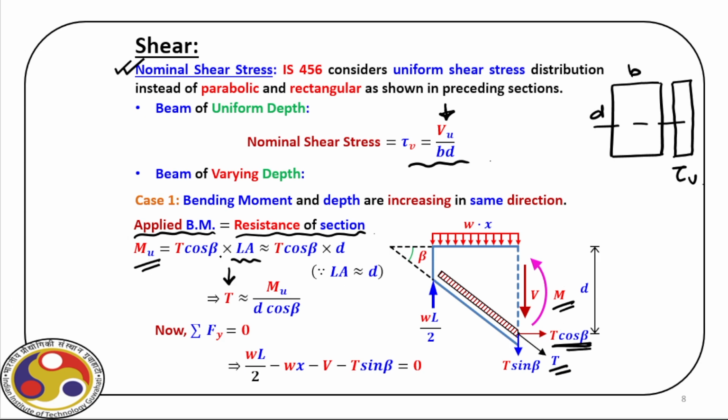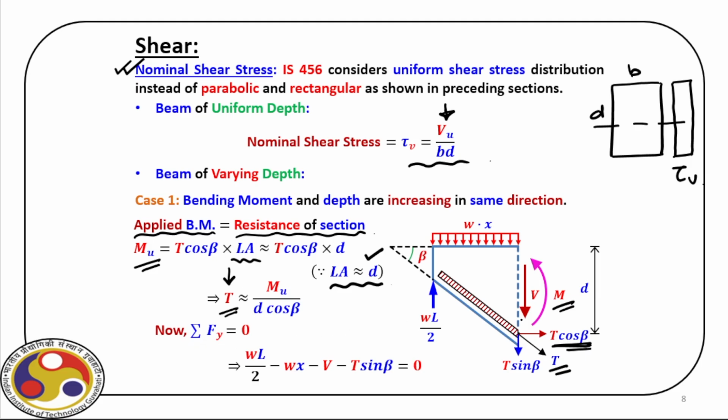Using this expression, we can find T, and then it is Mu by d cos beta. We use this approximation for the time being, but of course, for a beam section, we can go for an exact lever arm. But for the time being, let us consider this is the lever arm and see what happens.